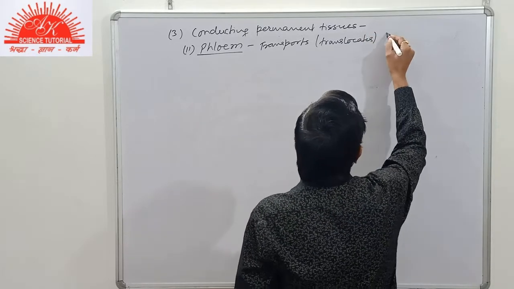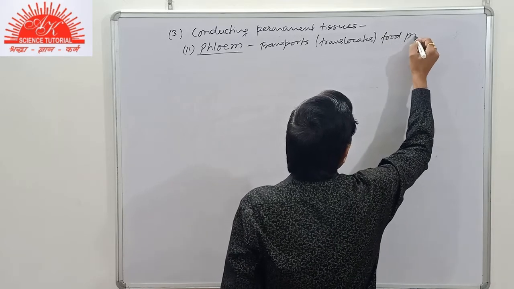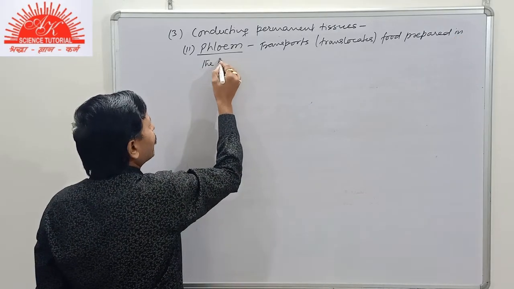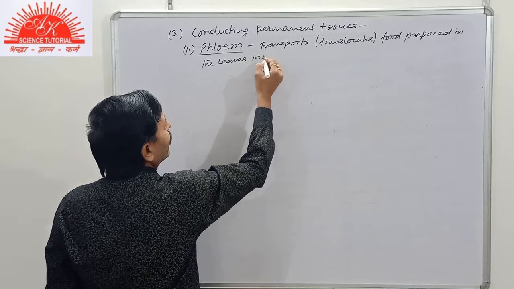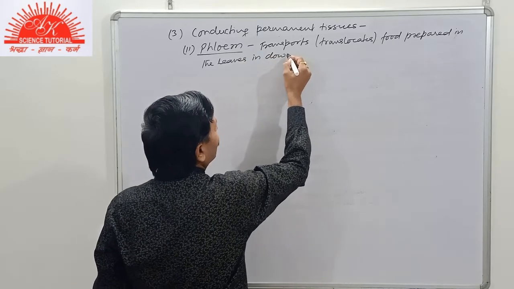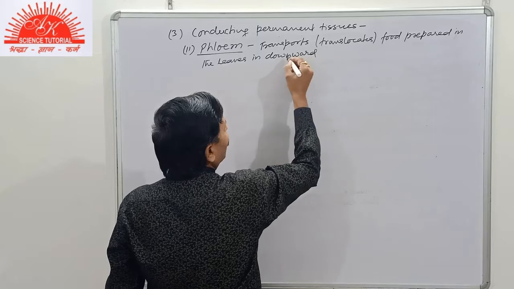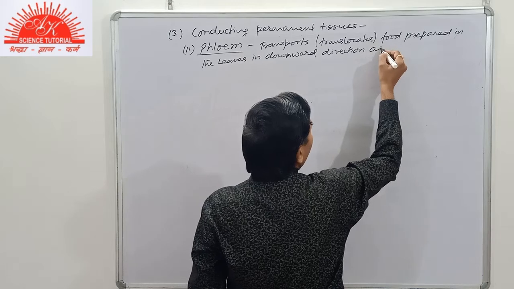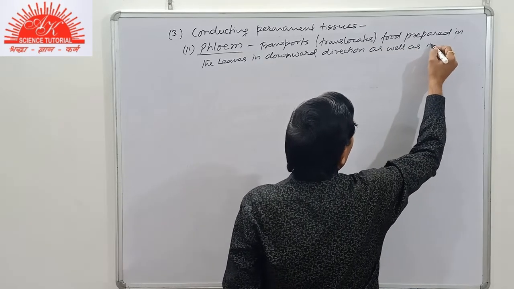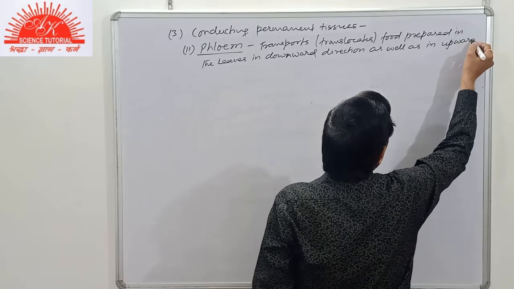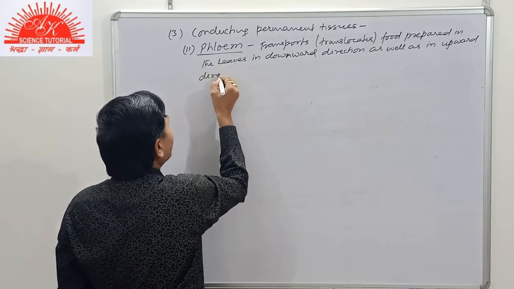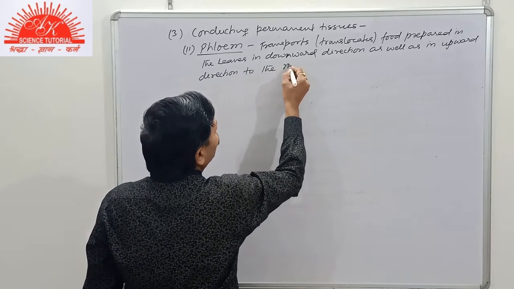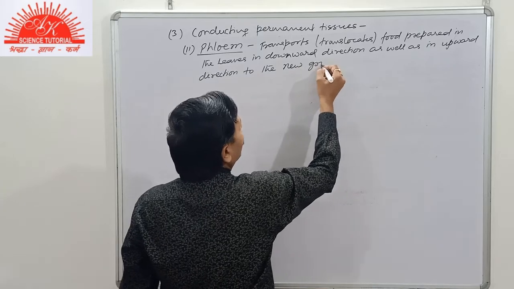It transports food prepared in the leaves in downward direction, as well as in upward direction to the new growing leaves.